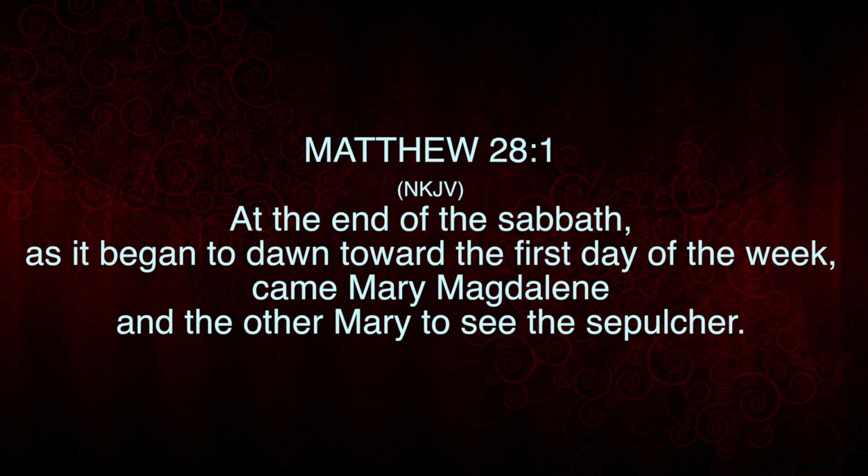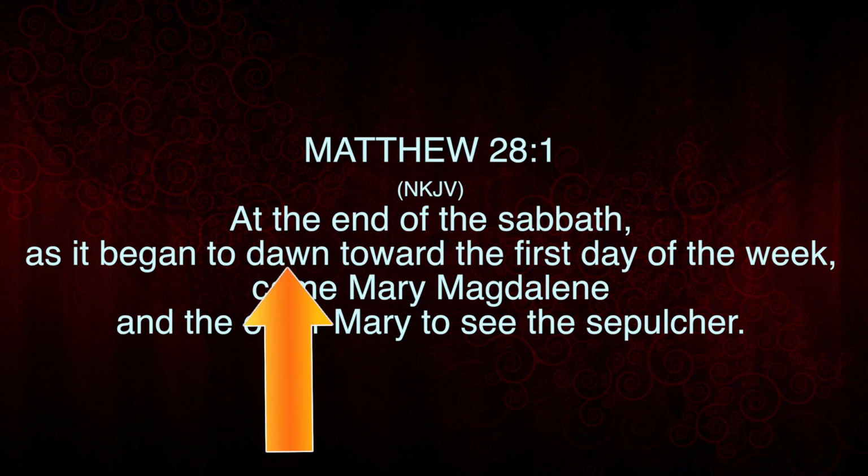So as you can see, according to Matthew chapter 28 verse 1, it clearly tells you that at the end of the Sabbath, as it was dawning towards the first day of the week, it did not say at the end of the Sabbath as the sun was going down.